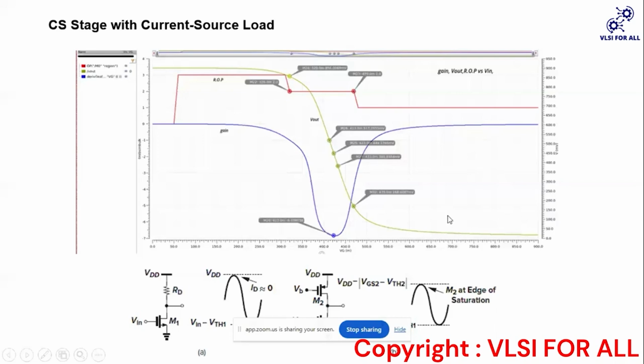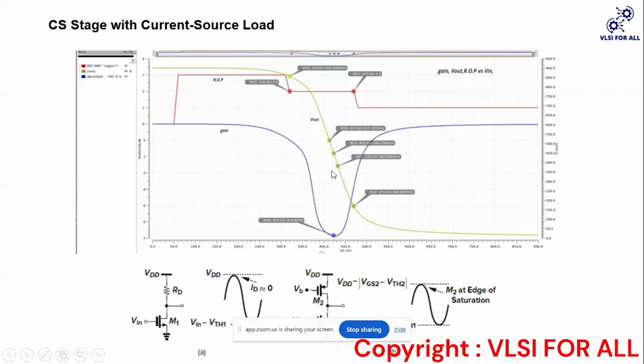Now we can see here, between 413 millivolt and 433 millivolt, both the PMOS and NMOS are in saturation region. So we are going to use this device in the saturation region as an amplifier.